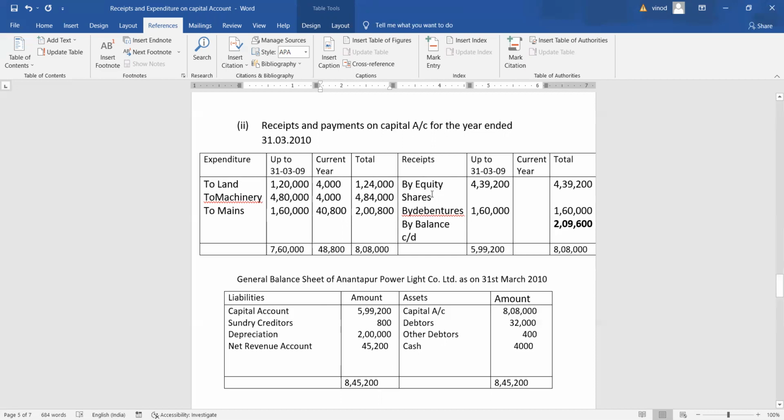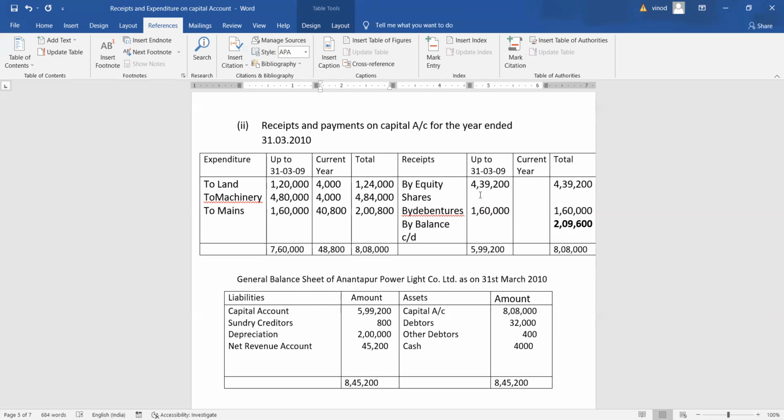By writing these sources on the receipt side, by equity shares, 4,39,200. Another aspect you have to remember, while we are writing the receipt amount as well as the expenditure amount, we should write two parts. One part is up to the beginning of this accounting year, then during the accounting year.